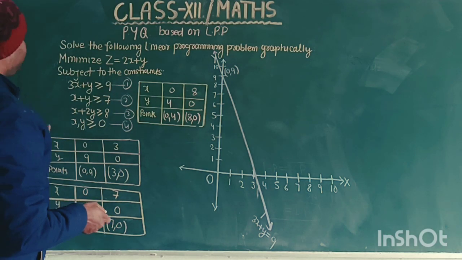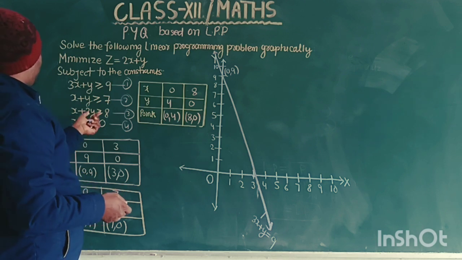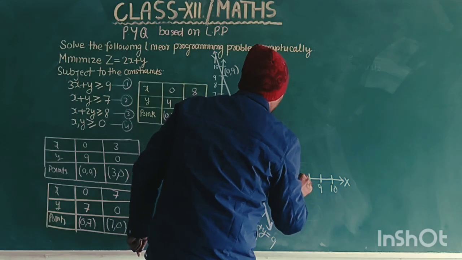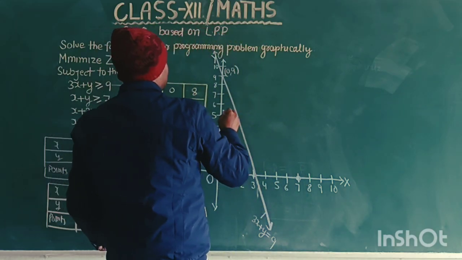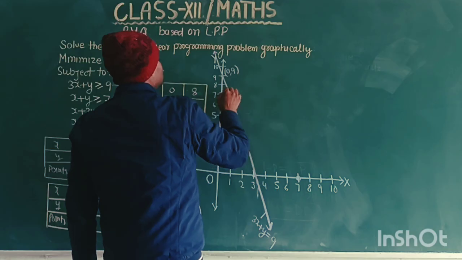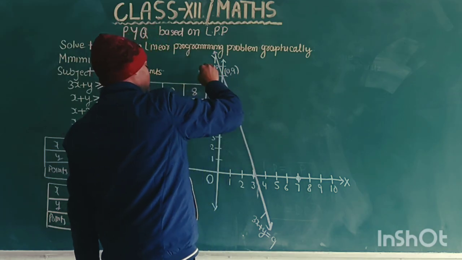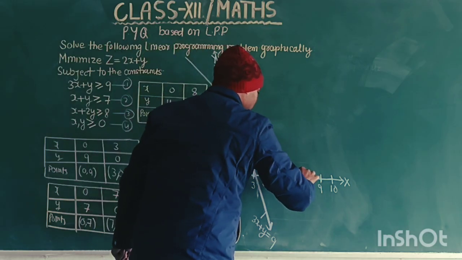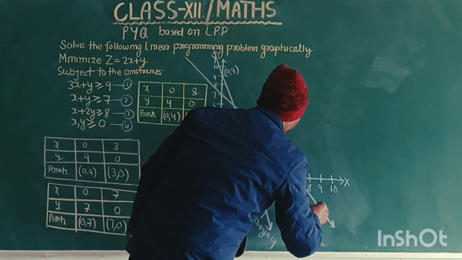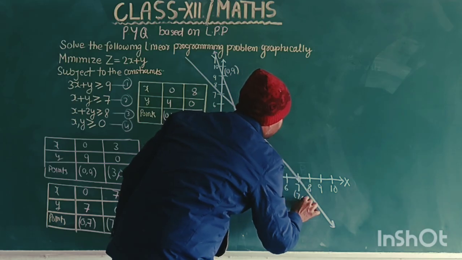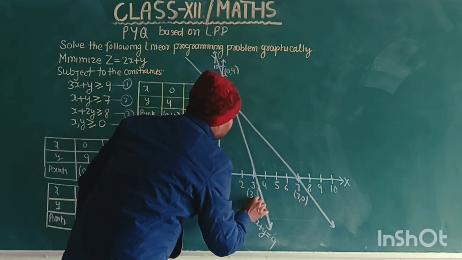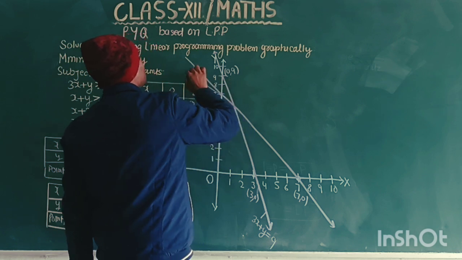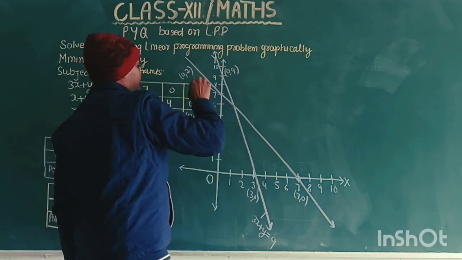Again, plot the points of the second equation. This is 0, 7, and next is 7, 0. This is 7, 0, and this is 3, 0, and this is our point 0, 7.